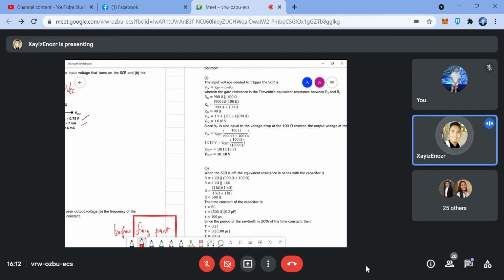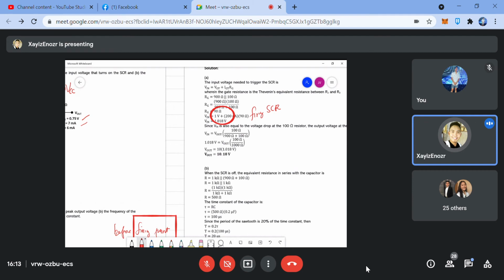So ito yung input voltage para mag-fire si SCR. Di ba sabi ko kanina, masusukat mo yung voltahe sa instant na mag-fire yung SCR. Ano ba yung voltahe sa instant na mag-fire si SCR? So 1.018 volts, di ba?